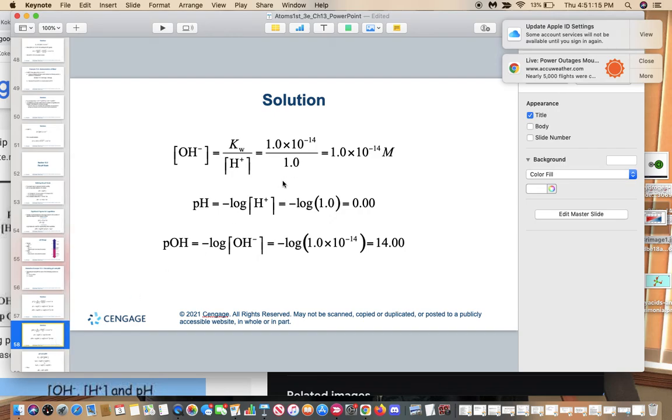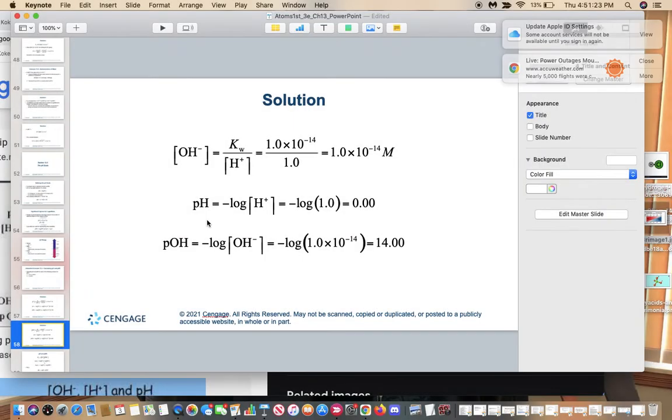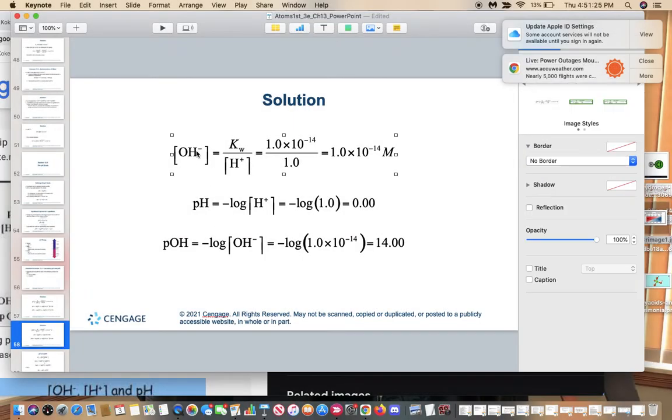All right, so here we go, back to this slide. They put H plus and OH minus in the wrong place here. See, the OH minus here and the H plus here, they should have put the OH minus down below Kw because it was 1 molar, and then this should be the H plus on the left.